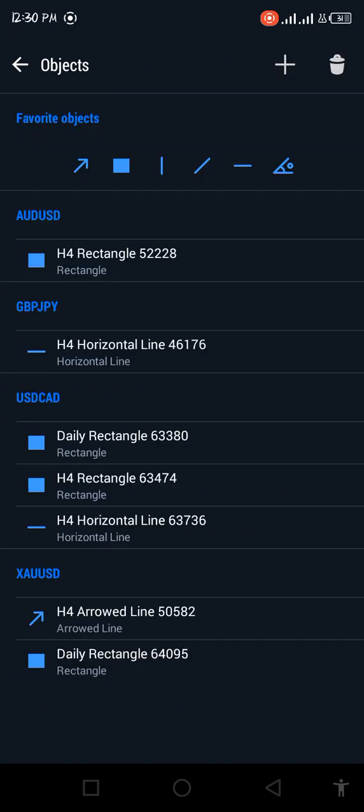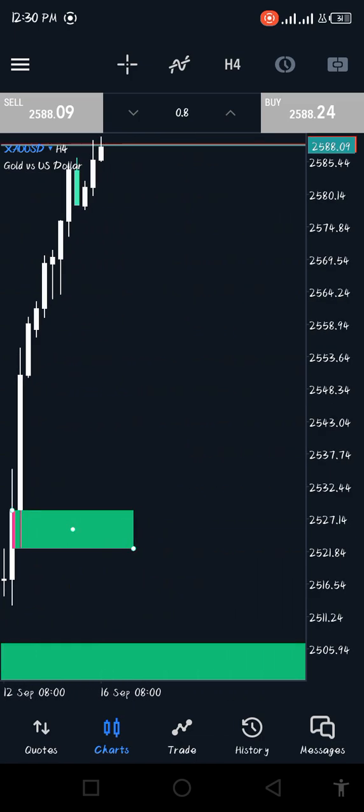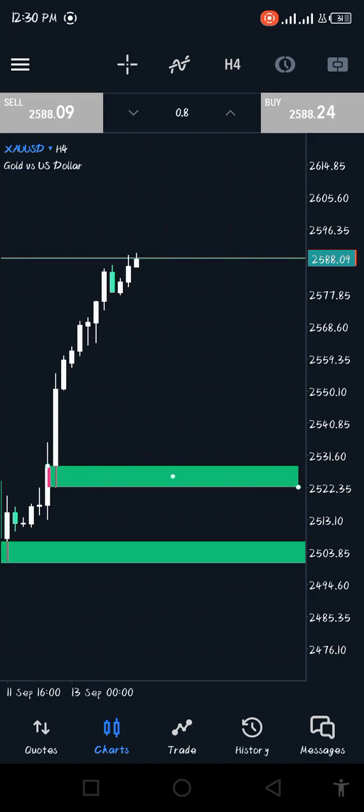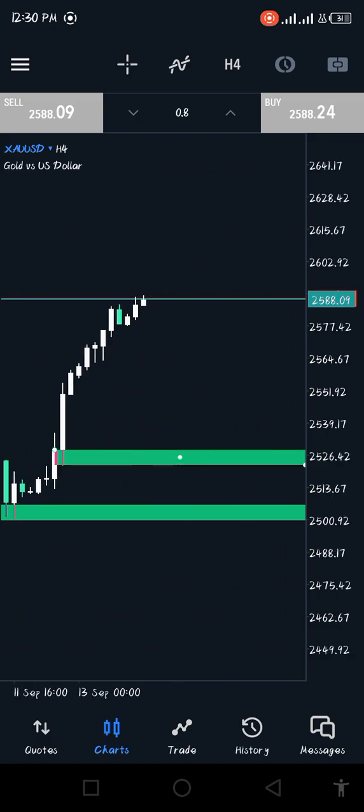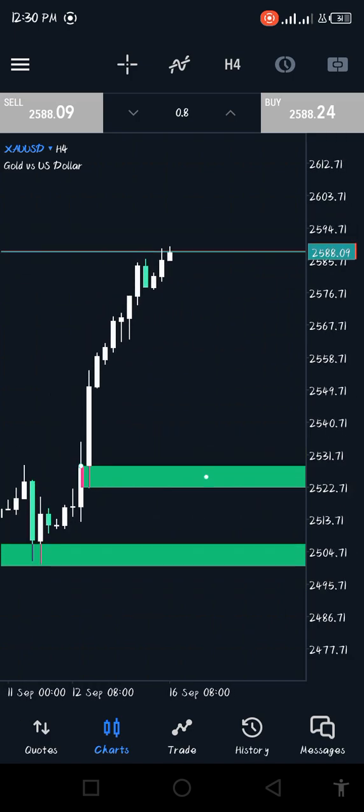Actually, this zone, that is what we call refinement in the lower time frame. If price taps into those zones in the major market sessions, then we can actually consider taking buying opportunities from those zones.